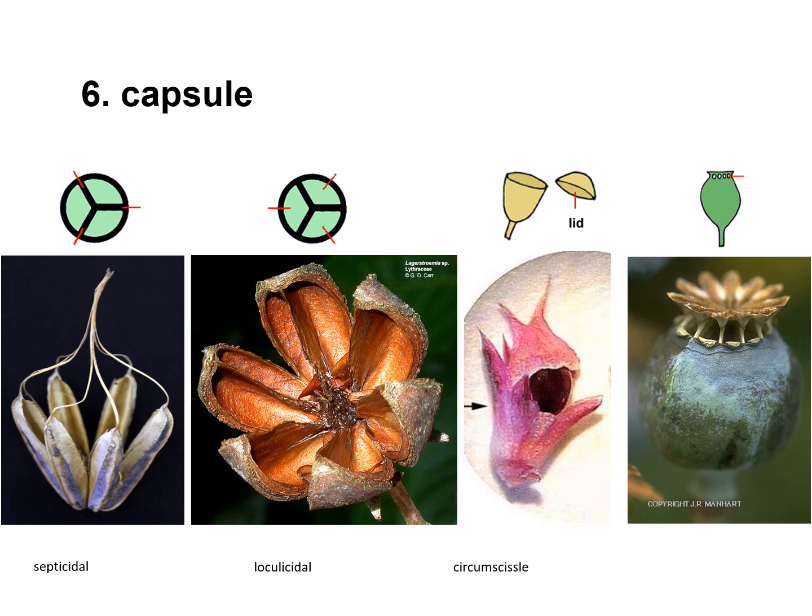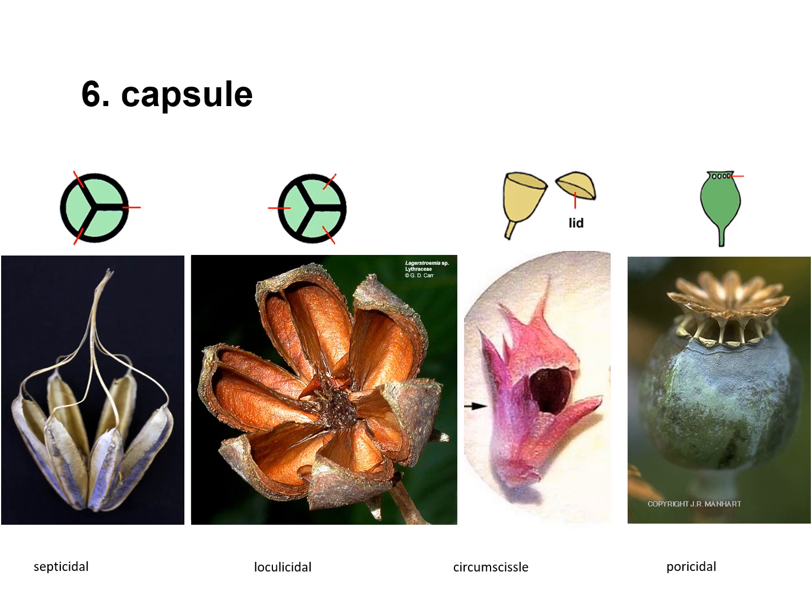In some plants, they split transversely to produce a lid at the tip. We call this circumscissile. And the last subtype is poricidal. The poricidal capsule is one where the fruit dehisces at the tip, making a pore and splitting like a pore.